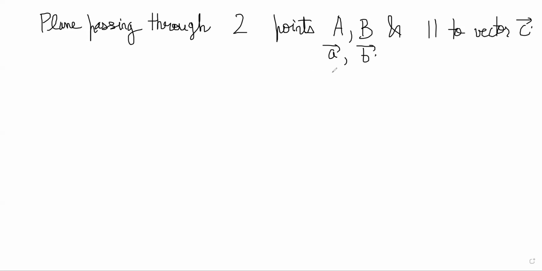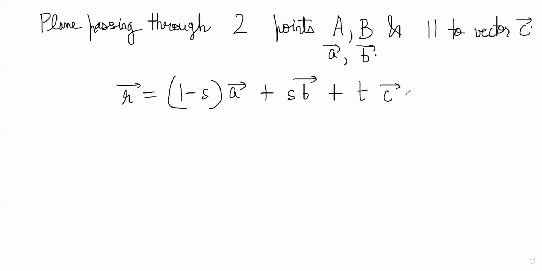So what I can say here is the equation of the plane would be R is equal to 1 minus S A vector plus S B vector plus T C vector, where S and T are scalars. How do I do that?